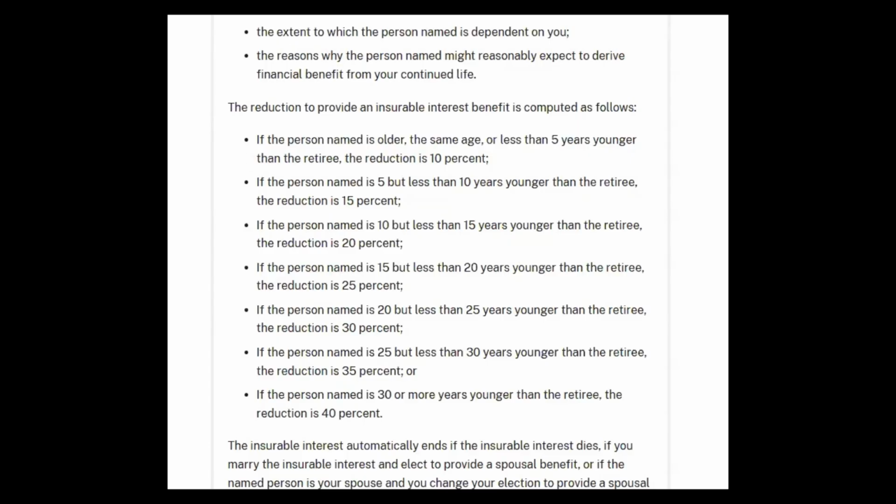If the named person is 20 years, but less than 25 years younger, the retiree would have a reduction of 30% of their pension.